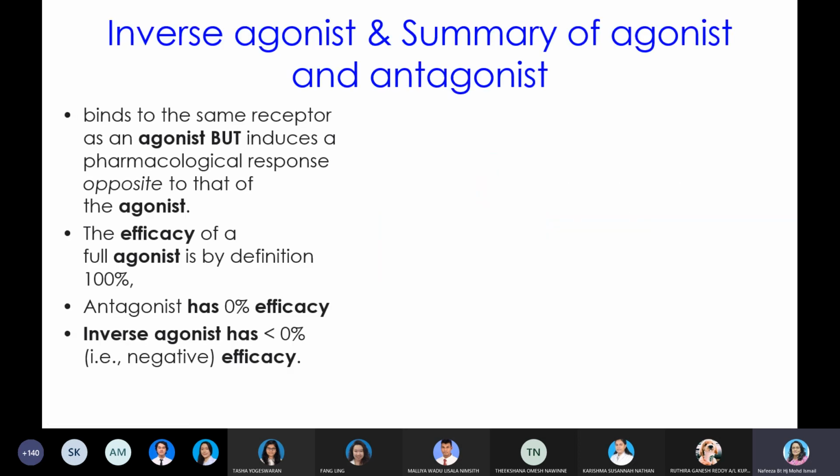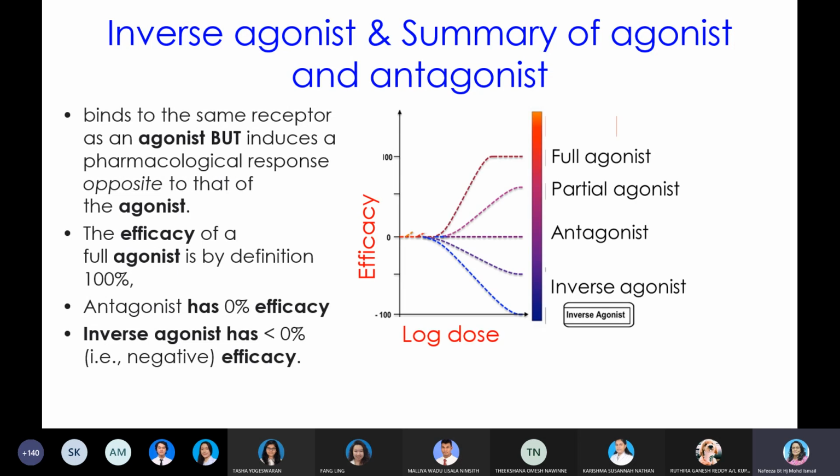Now, inverse agonist and summary of agonist and antagonist. This is the inverse agonist, which I showed you even in the earlier slide. It is just to illustrate to you; we don't have to go into details now. An inverse agonist causes the opposite effect of an agonist.